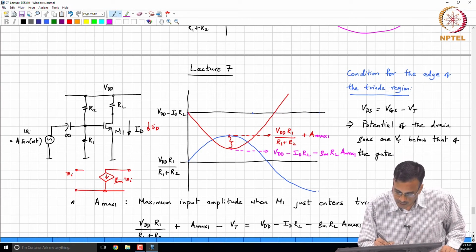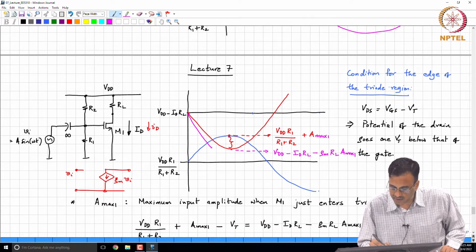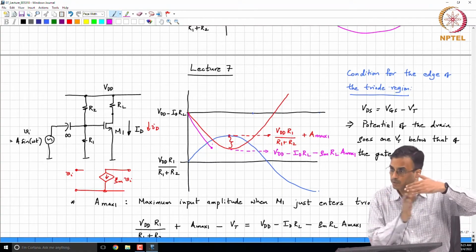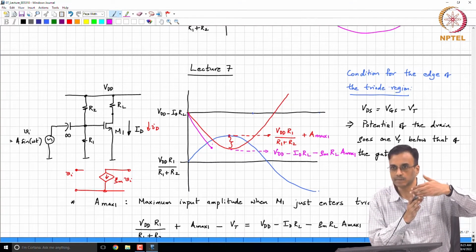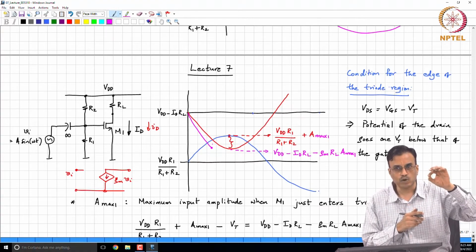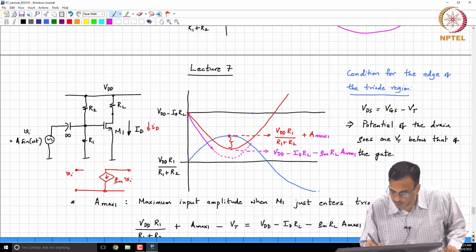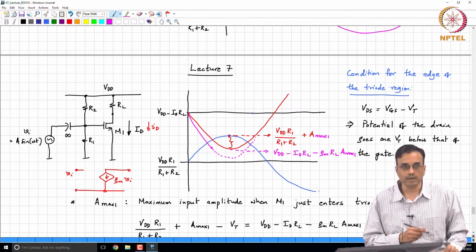The waveform does this, and somewhere here the transistor enters the triode region, because it must do so even before the input peak, correct. Once the transistor is in the triode region, ideally if it was not, we should have expected to see a waveform like that, correct.